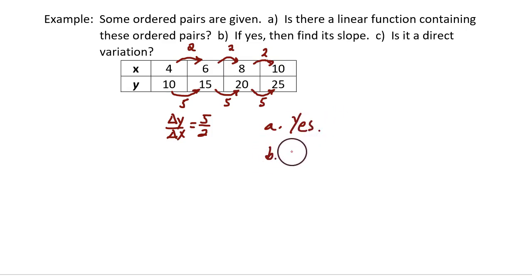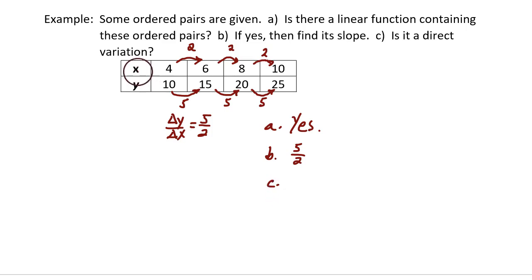Question B, what is its slope? Slope is the change in y over the change in x, so it is 5/2. Question C, is this linear function a direct variation? To be a direct variation, the y-intercept must be 0.